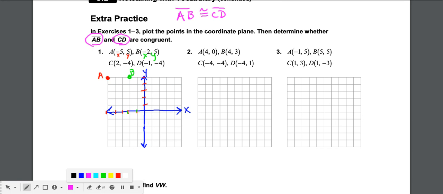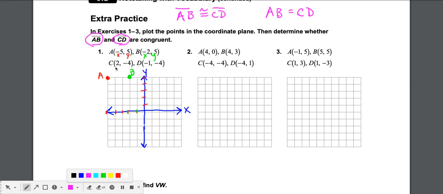By shape, I mean, in this case, a line segment. So are they the exact same measurement? In this case, we would say, is AB going to be the same length as CD? This means from point A to point B, is it the same distance as from C to D? So let's check it.